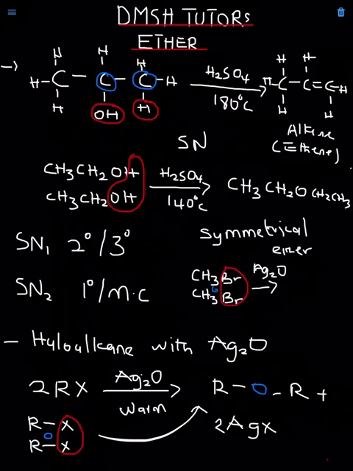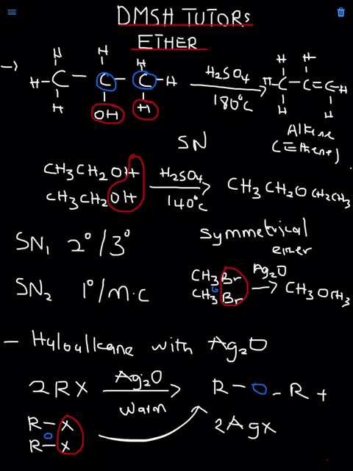As a result, I will have CH3OCH3. So this is dimethyl ether. This is how to produce ether in the laboratory.